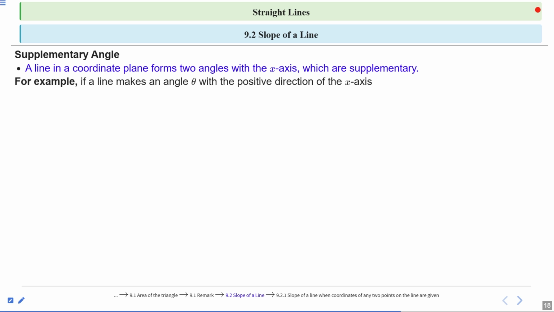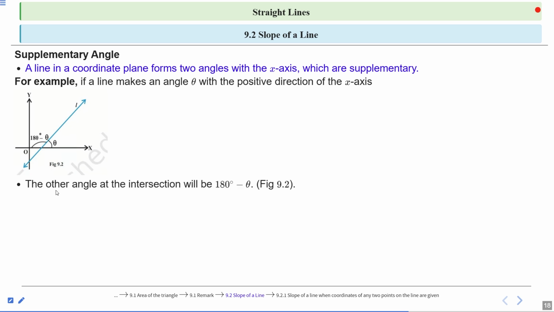For example, suppose a line makes an angle theta with the positive direction of the x-axis. Let us see this figure. Here you can see the line L makes an angle theta with the positive direction of the x-axis, in figure 9.2. The other angle at the intersection will be 180 degrees minus theta.